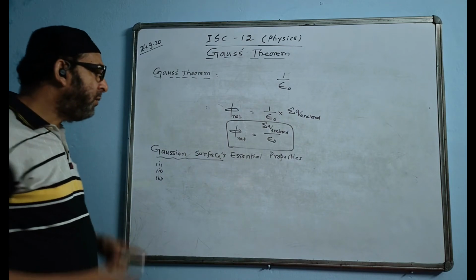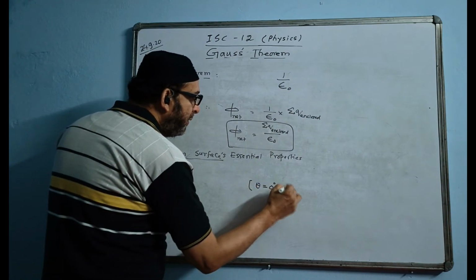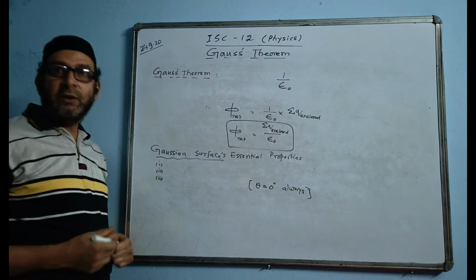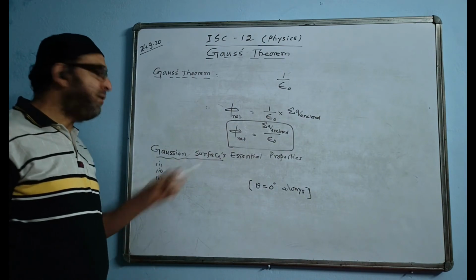Under bracket you can write normal to the surface, and under bracket write theta equal to 0 degree always. For any point on the surface we'll have the value theta equal to 0 degree. So these are the three essential properties of a Gaussian surface.